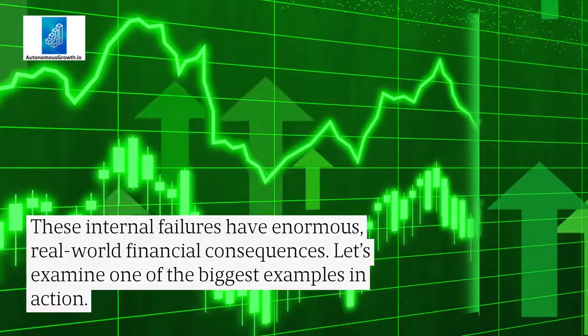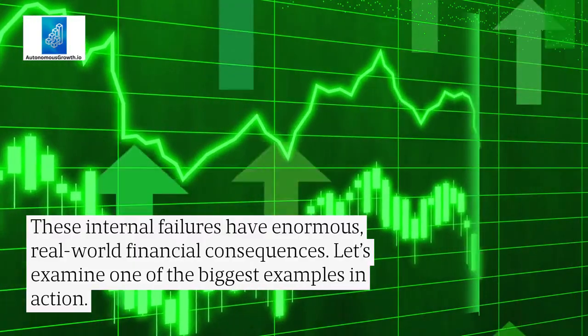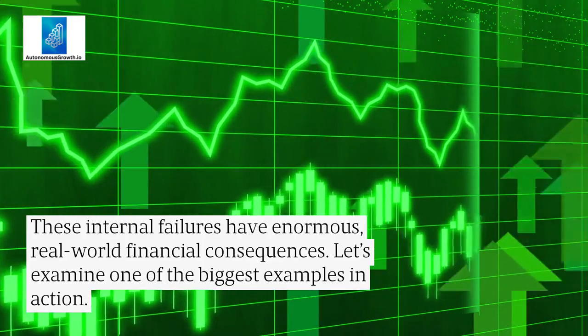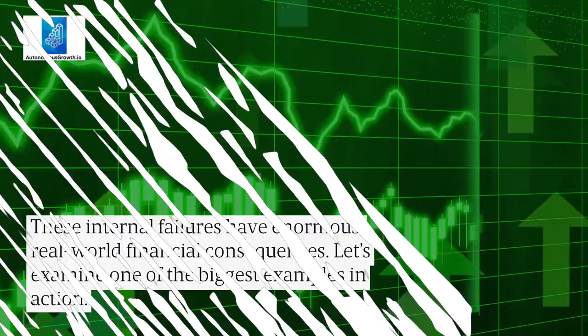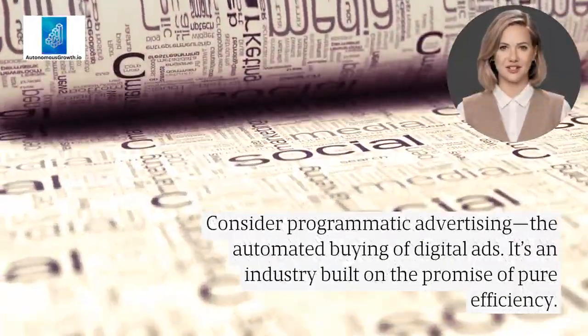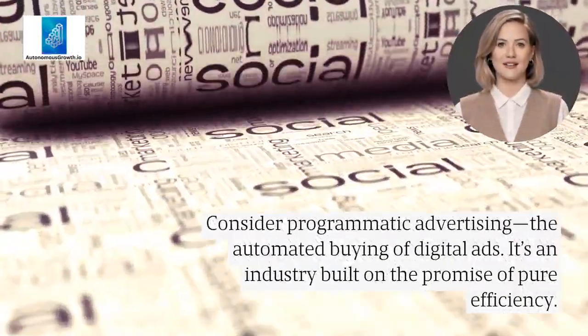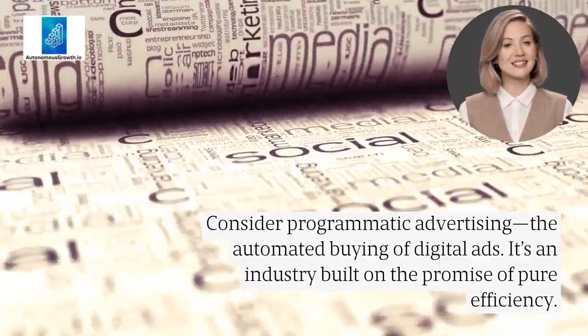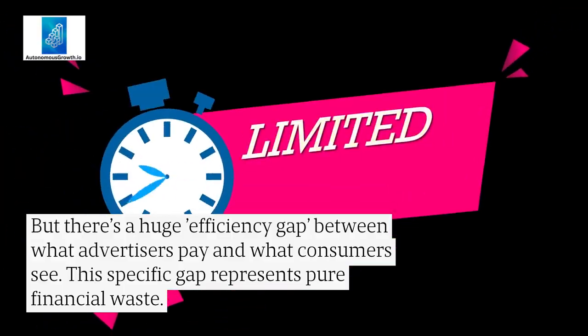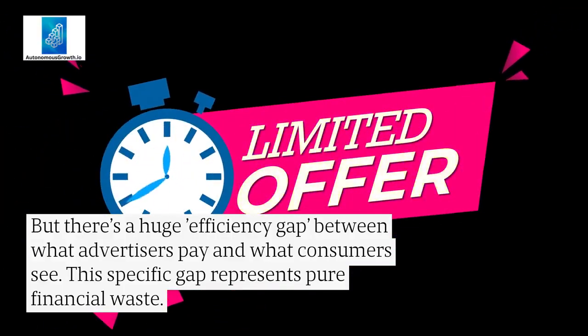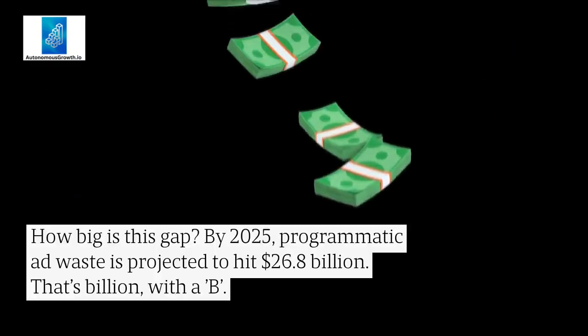These internal failures have enormous, real-world financial consequences. Let's examine one of the biggest examples in action. Consider programmatic advertising, the automated buying of digital ads. It's an industry built on the promise of pure efficiency, but there's a huge efficiency gap between what advertisers pay and what consumers see. This specific gap represents pure financial waste. How big is this gap?